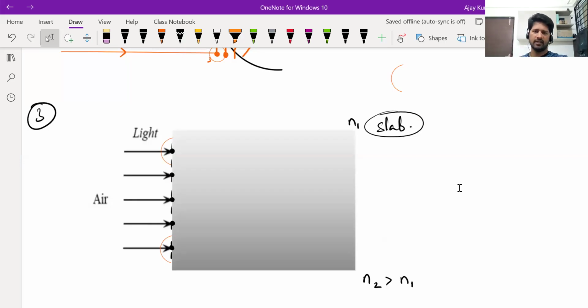In a certain amount of time, in a short amount of time, dt, from this instant to the next instant, all these sources will emit a wavelet or will create a disturbance in the slab. What I'm asking is, the disturbance created by each of these sources, will it travel the same distance inside the slab? Will the disturbances travel the same distance inside the slab in a given amount of time?